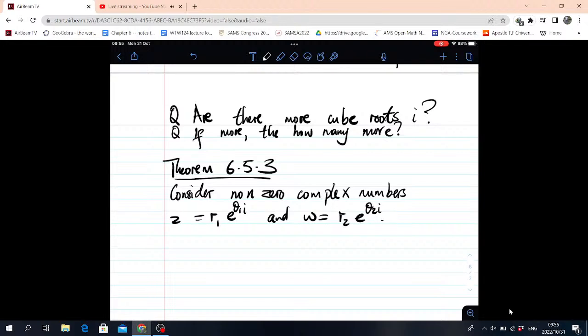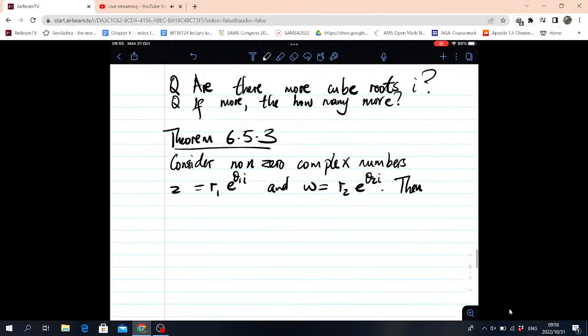Then when we are in polar form, we've got different ways of expressing our complex numbers. So therefore, we need a statement that tells us about equality of complex numbers when they are in polar form. When they are in standard form, we know that we want the real parts to be the same and the imaginary parts to be the same.